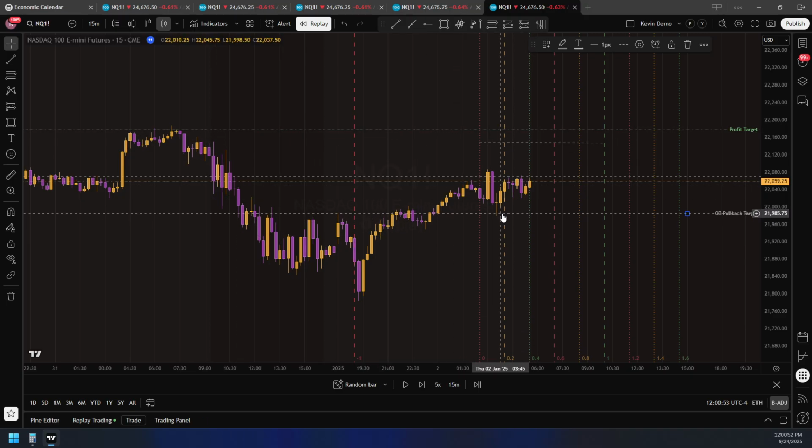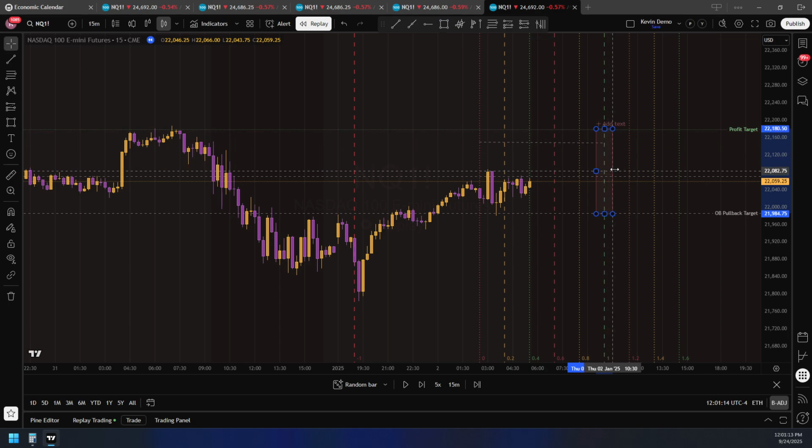Since we already got this rejection here, I would be looking for the market to come back down this way, maybe at the open, which would be here around 9:30 to 10, somewhere around here. Have the market shoot up and hit that target. Now that is, how many points is that? How far is that?